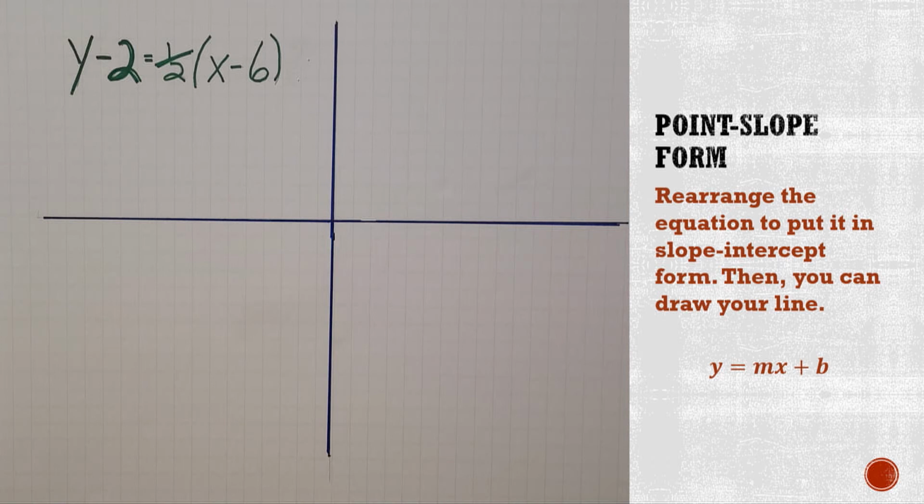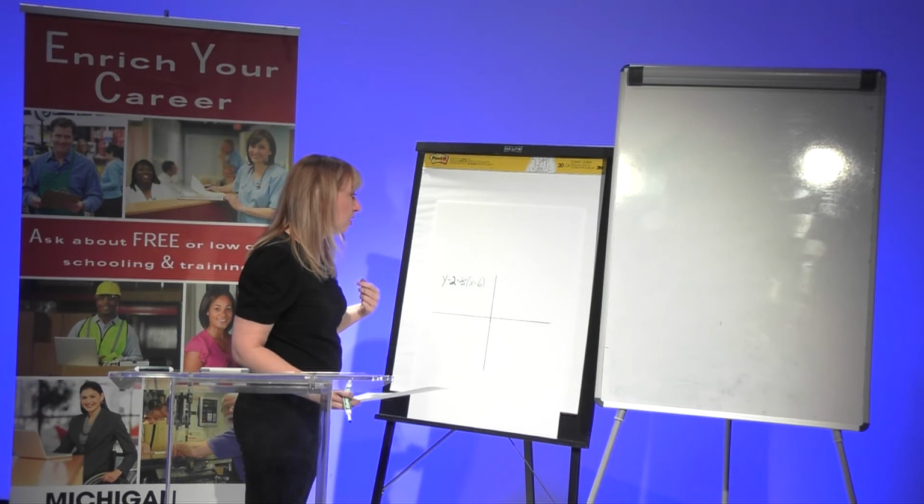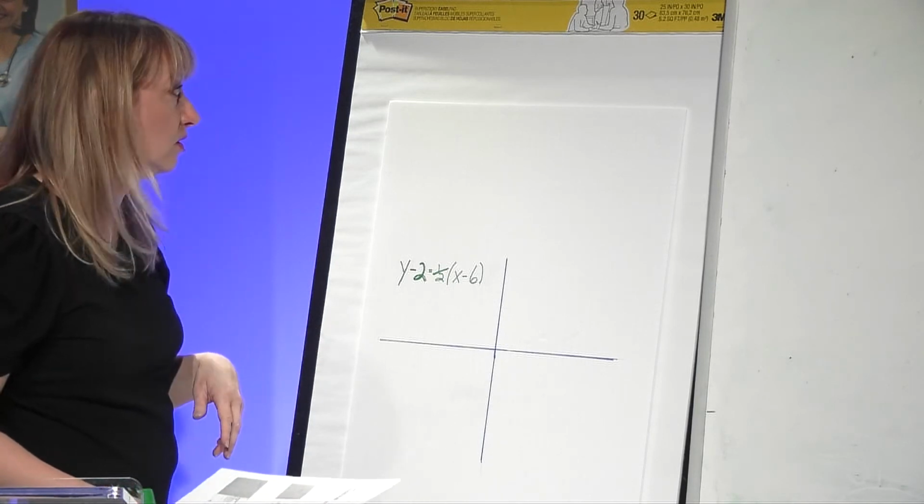And now this is what we call point slope form. But from this, we can still figure out what's our slope and what are some points and where the line crosses the y-axis.